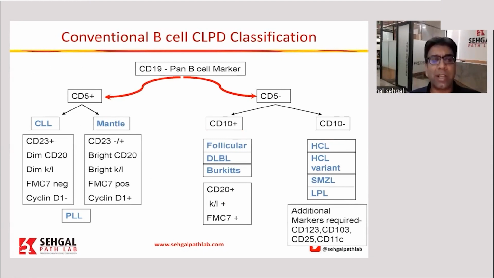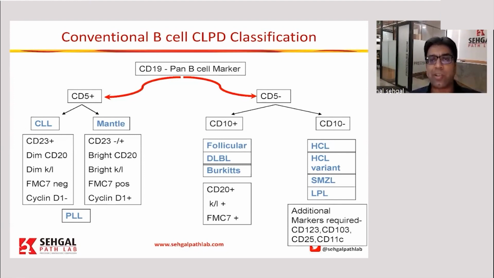If one were to go back 10, 15 years, the classical B cell lymphoma classification was mainly focused on whether the tumor is CD5 positive or CD5 negative. Within the CD5 positive group, we have CLL, which typically has dim CD20, dim light chain expression, and is negative for FMC7. Whereas mantle cell lymphomas, the other CD5 positive lymphomas, typically have bright CD20 and bright light chain expression with FMC7 positivity.